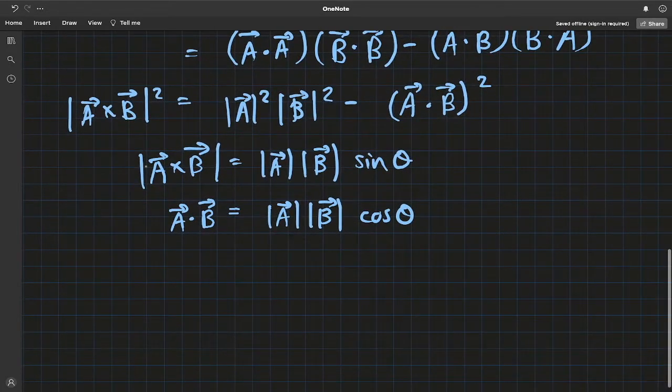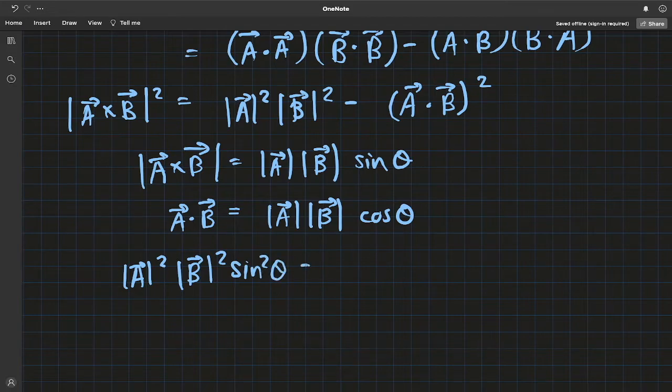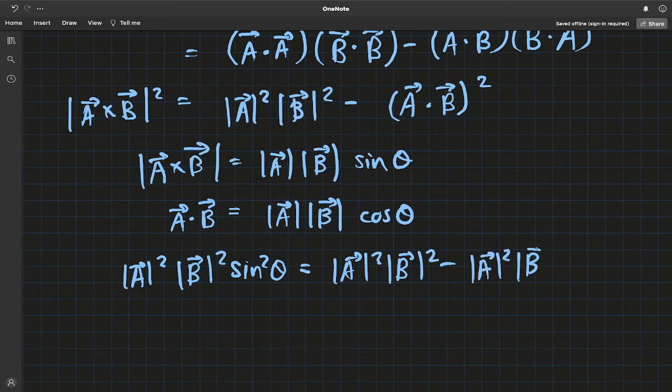If you plug these in here, we just have magnitude of A squared, magnitude of B squared, sine squared theta is equal to magnitude of A squared, magnitude of B squared minus this guy here, but squared. So magnitude of A squared, magnitude of B squared, cosine squared theta.